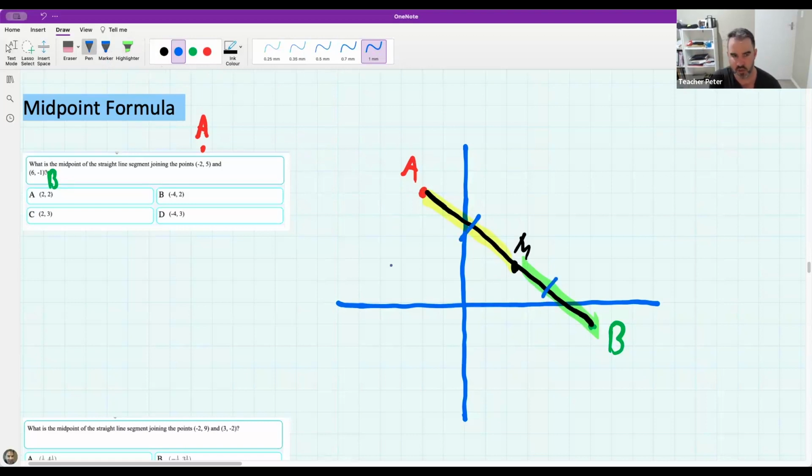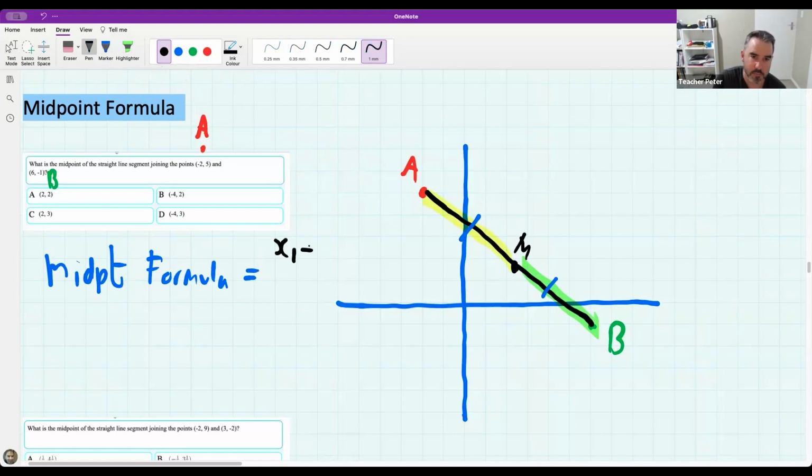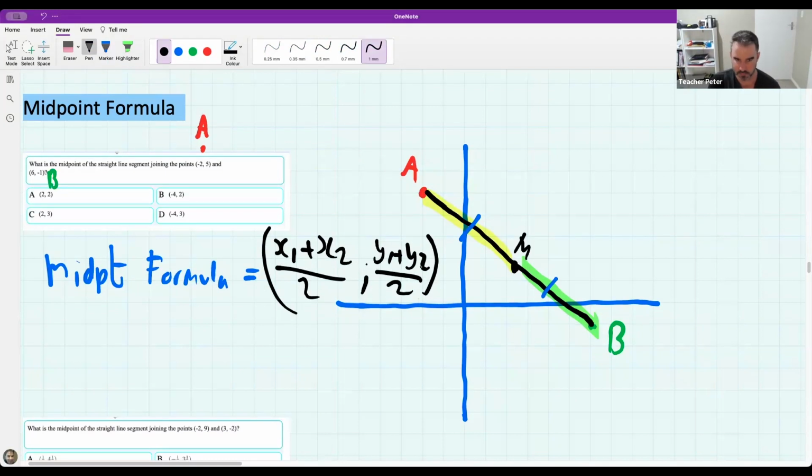We want to make sure those are equal. Now, the glorious news is that the midpoint formula is just x1 plus x2 divided by 2, y1 plus y2 divided by 2. So that's all the formula is.